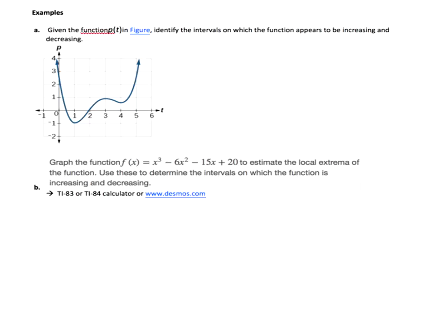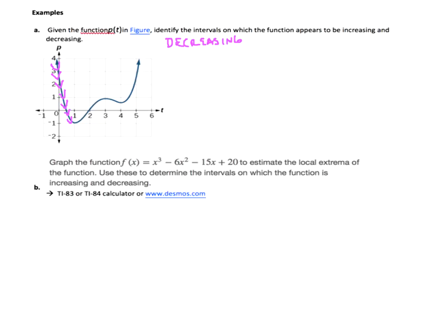So I hit a decreasing interval first. So I'll do decreasing in pink here. And the way I know I hit decreasing first is because you read it left to right. And the first thing that I hit when I start at the left and move right is going downhill. So this is decreasing.